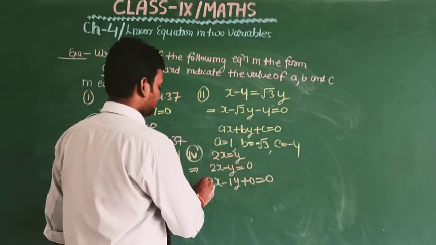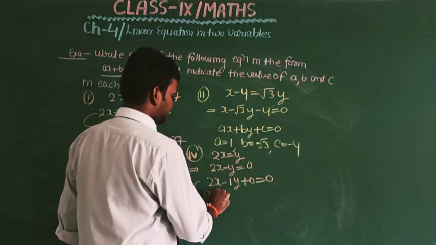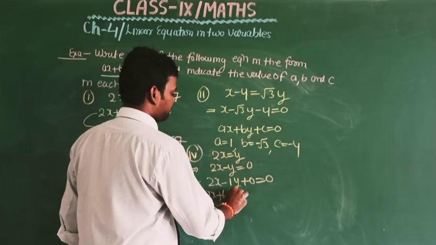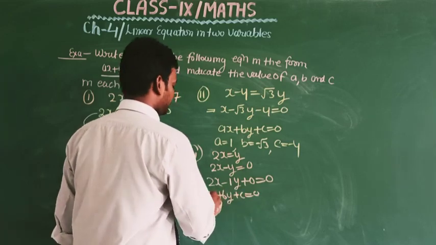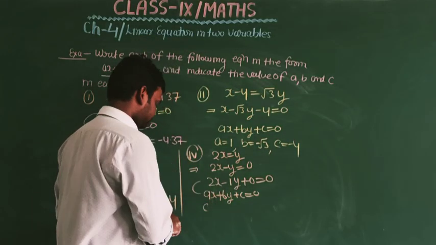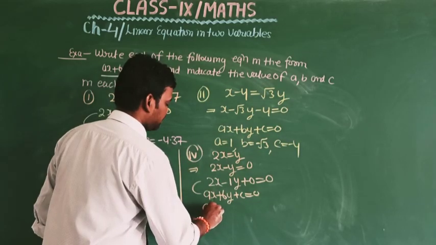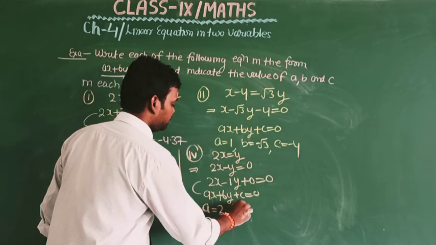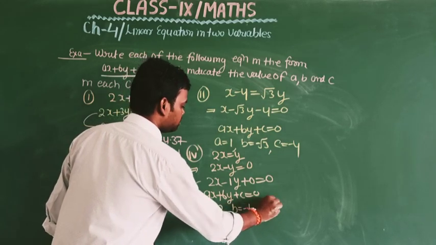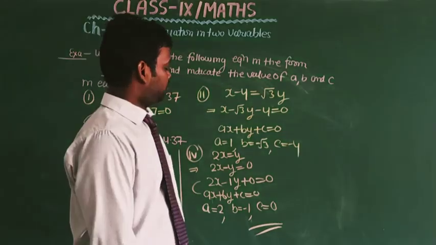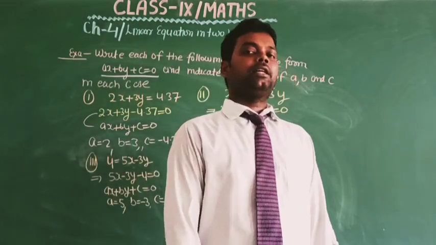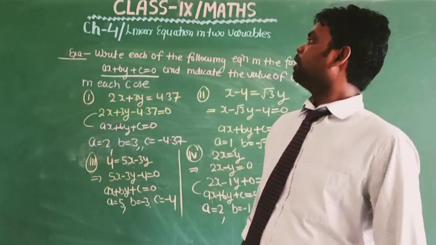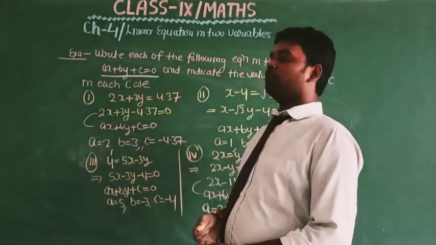Comparing with ax plus by plus c equal to 0, we get a is 2, b is minus 1 and c is 0. So this is the basic concept of linear equations in two variables.